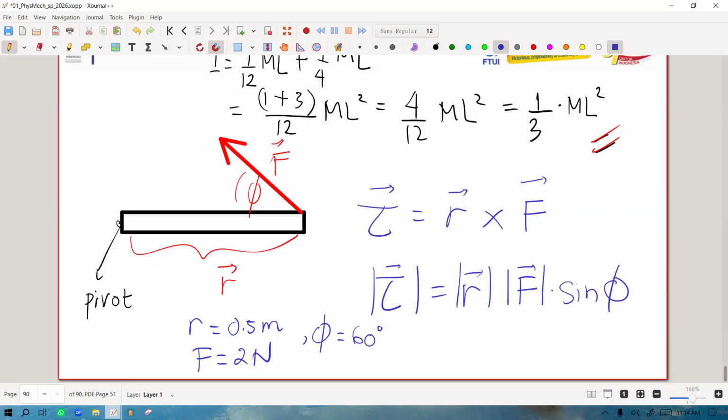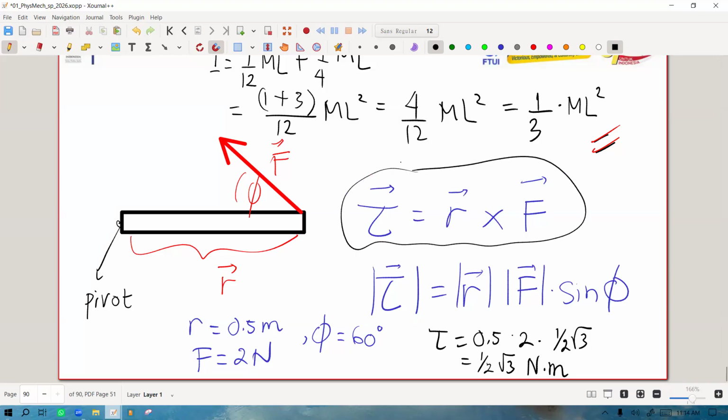The torque we will get is 0.5 times 2 times half square root of 3, since that is sine of 60. So here it becomes half square root of 3 Newton meter, the value of the torque. So here is how to calculate the torque. Then remember the torque is a vector quantity.